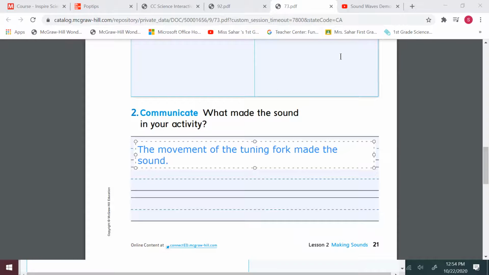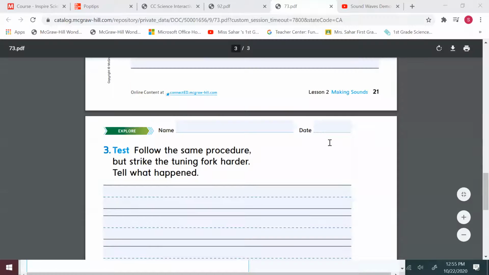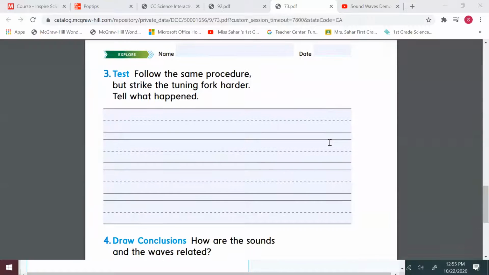All right. Okay, I'm gonna clear, and as I told you, if I move fast, you can just pause the video, take your time till you write your answer, and then continue listening to the rest of the video. So I'm gonna clear this, close that, and go for next page, page 22. All right, now we need to test our experiments, or let's find out if we have the right answer.